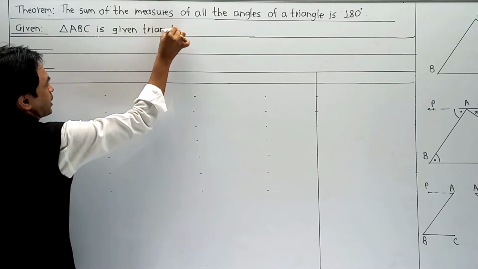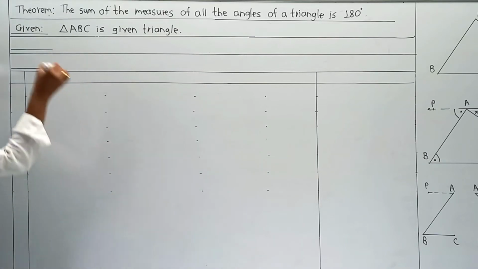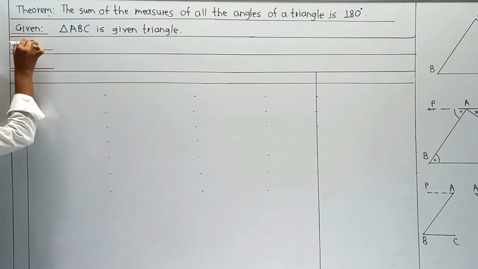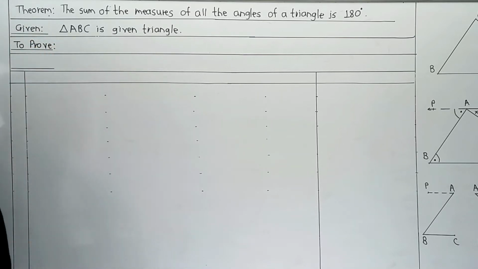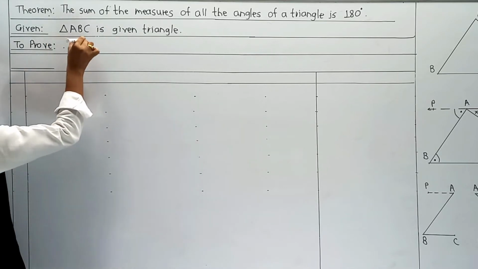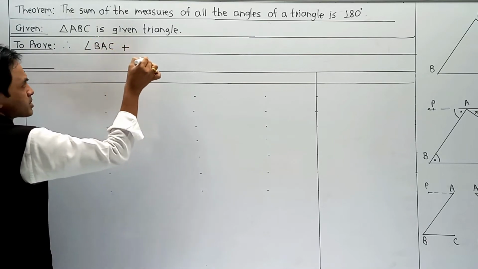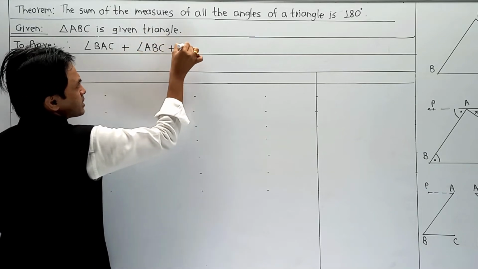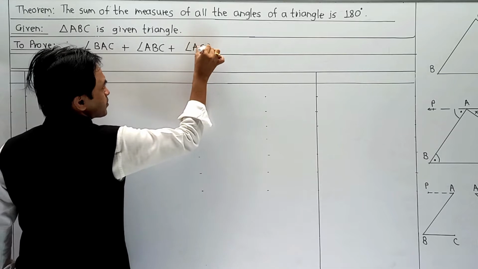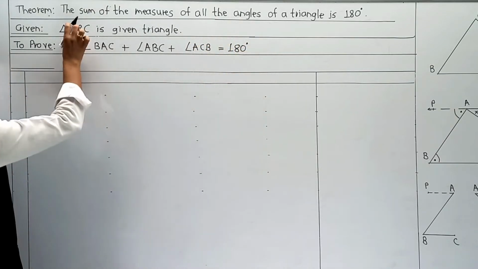Next, to prove: we have to prove that the sum of the angles of a triangle is 180, starting from angle A, then angle B and then angle C. One by one, angle A means angle BAC plus angle B means angle ABC, and angle C means angle ACB. The sum of the angles of the triangle is 180 degrees. That we have to prove.